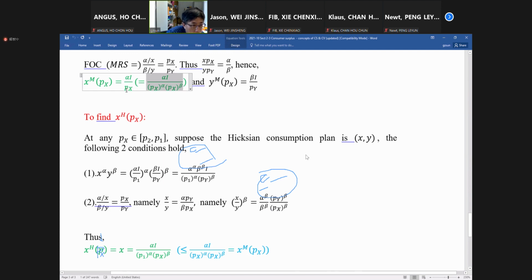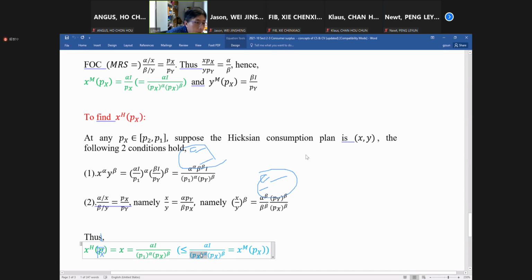Clearly, this is still px. In doing so, this is the Marshallian demand. If you compare with the Hicksian demand, you will find this part is exactly the same as this part. So to know which number is bigger, we need to compare this part and this part.